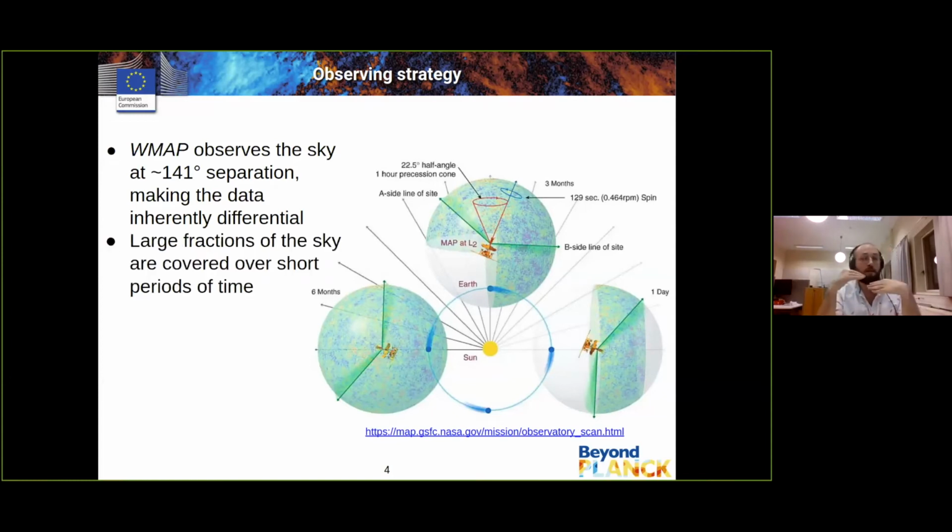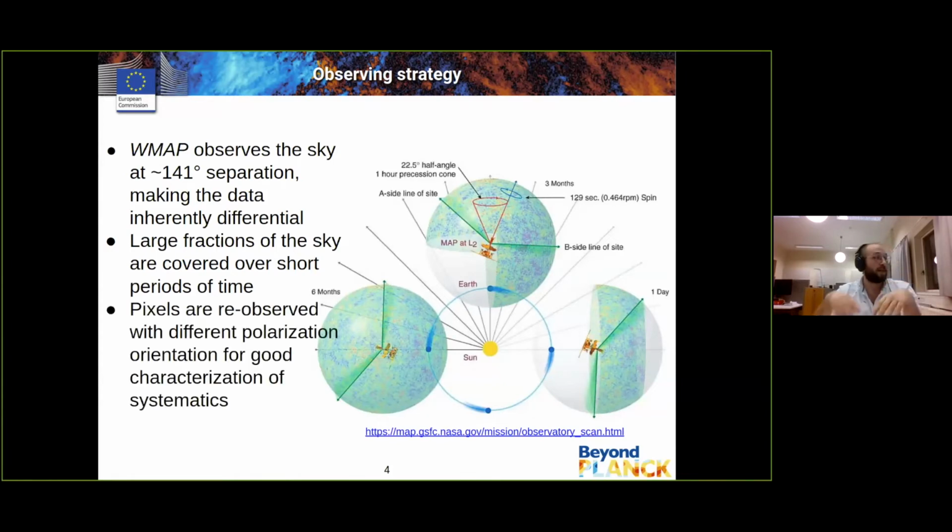This is a unique strategy, and one of the things it gets you is large fractions of the sky that are covered in short periods of time. Additionally, there are a lot of pixel crossings over the course of the experiment. So pixels are reobserved several times at different orientations, which allows for a robust characterization of the polarization of the sky and instrumental effects.